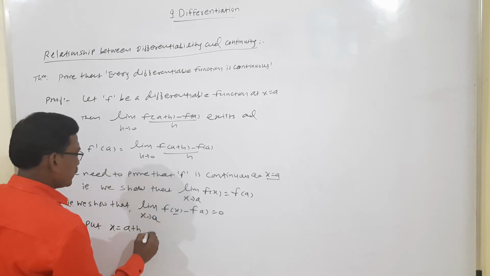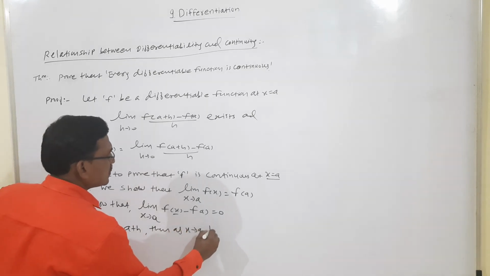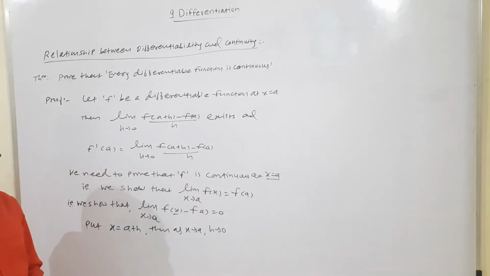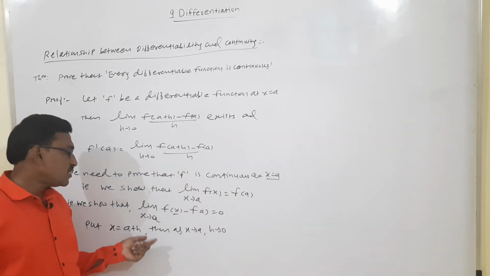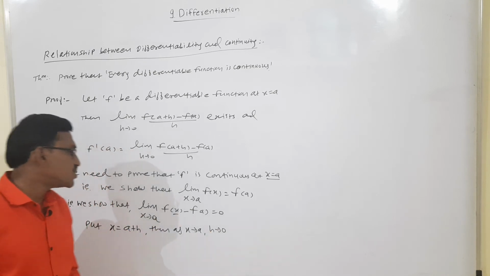As x tends to a, h tends to 0. When we substitute, the interval changes: as x tends to a, h tends to 0.